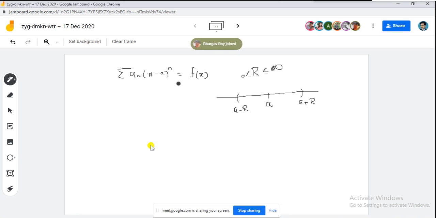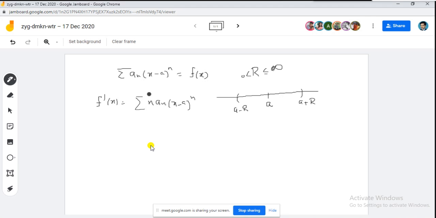Some function f(x). So from the last theorem we showed that the term by term derivative will also be a uniformly convergent series, and it uniformly converges to the derivative of the function f, so that f dash x becomes, if you differentiate term by term, n a_n (x minus a) to the power n minus 1, right?